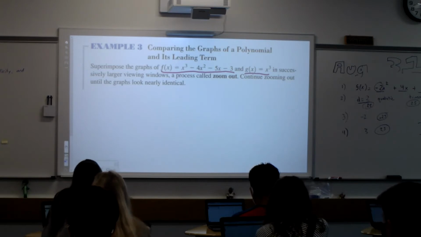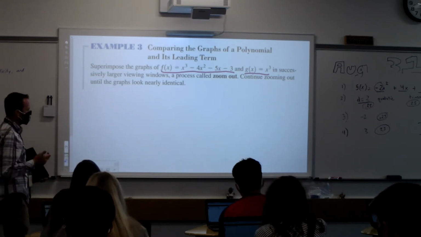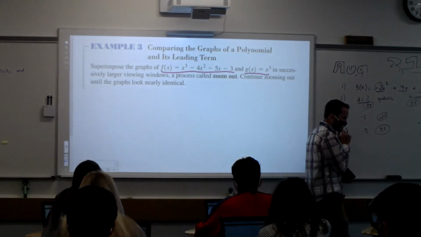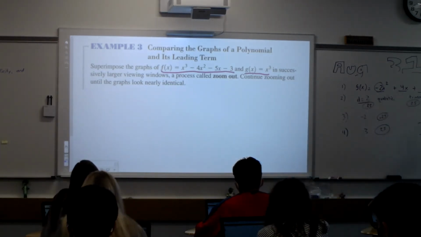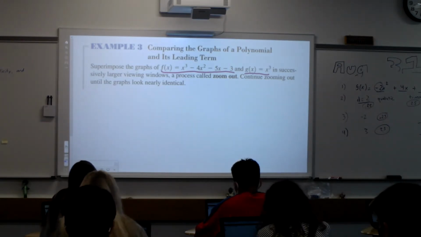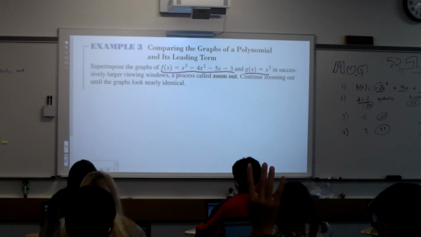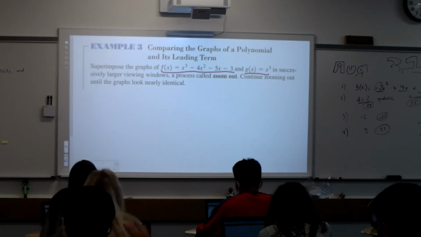And when you first graph them, they're going to look very different from each other, right? Because one's a parent function, one's been transformed. So let's start by just graphing them and seeing how different they are. Now, if you have any questions, call me over. You need notes, right?